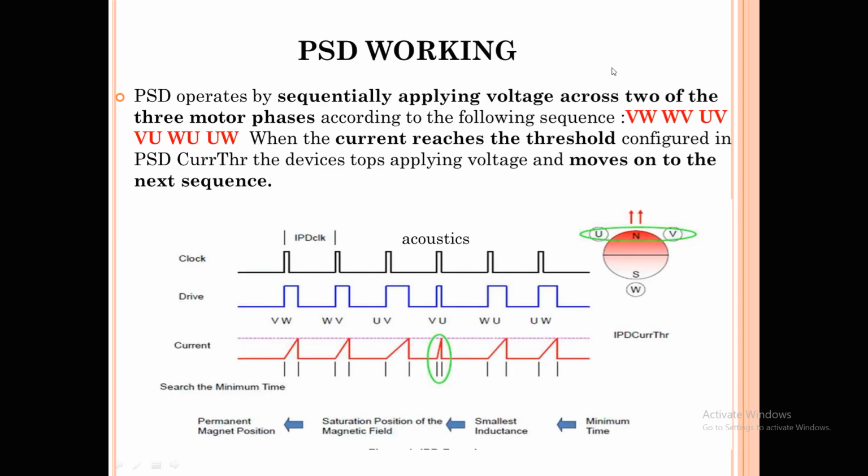Usually we sequentially apply the voltage across two of the three phases of the motor, and the sequence is UV, VW, WV, VU, WU and UW.